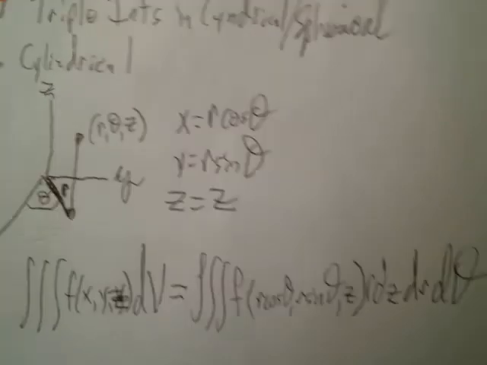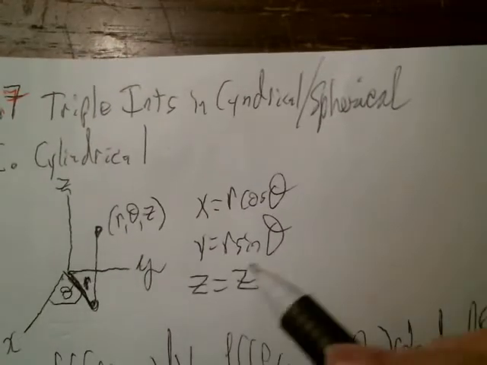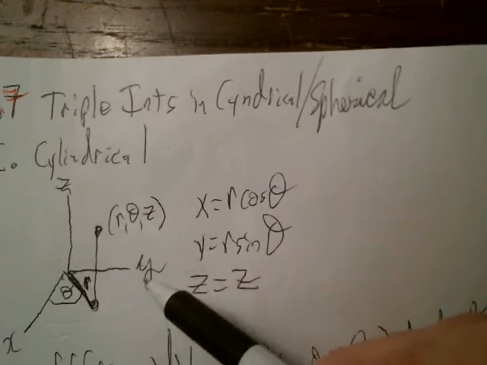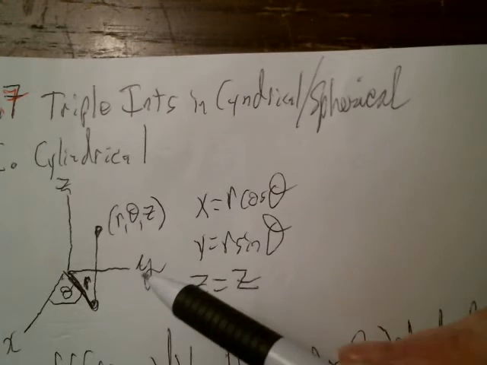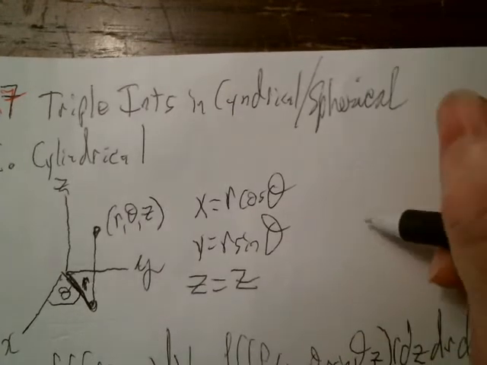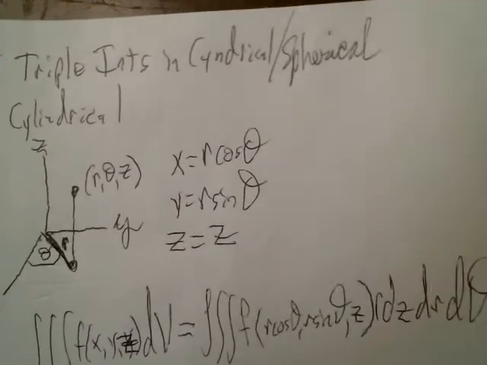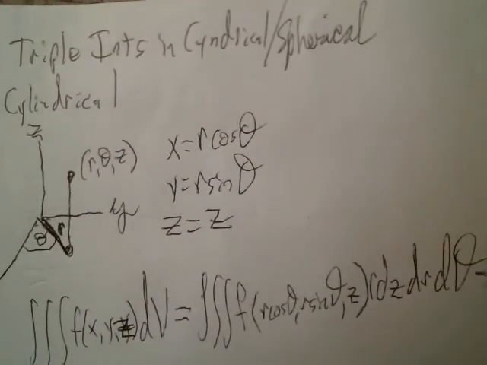Okay. At the end of the day, what is really happening? Well, you're adding up a bunch of little, not cubes, but cylindrical cubes, and the geometry of the cylindrical cubes is a little bit different, and it causes you to have to change this factor.